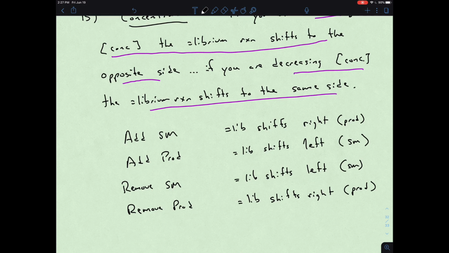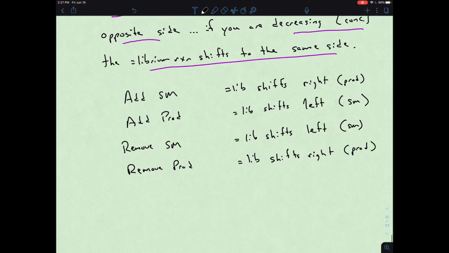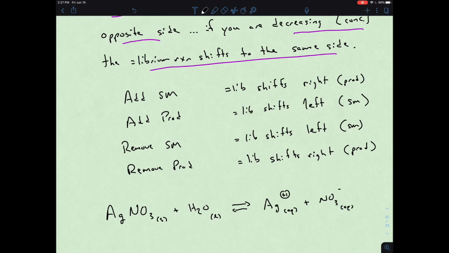So as an example of this, we could look at a reaction of solid silver nitrate going into H2O to produce silver +1 and nitrate -1.